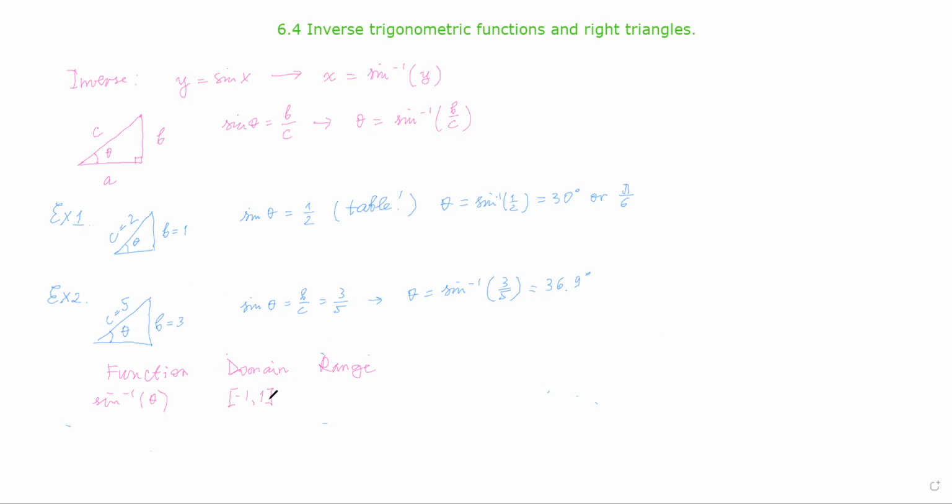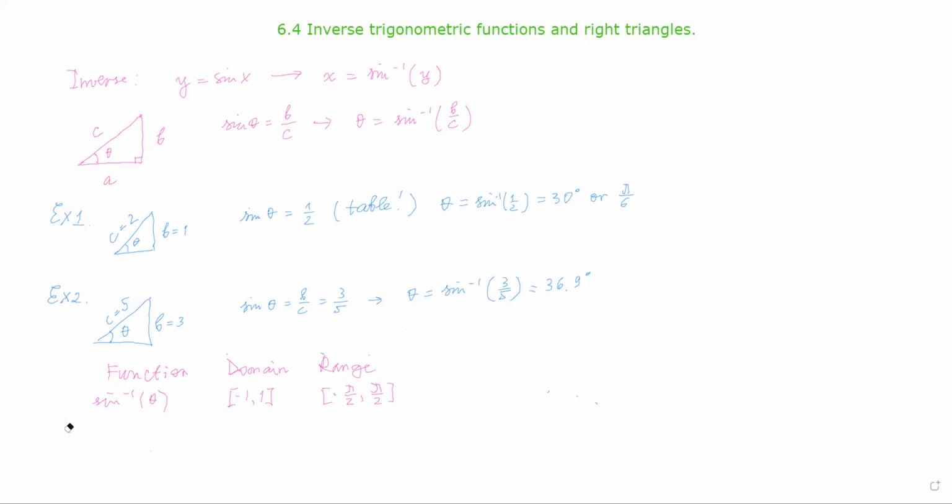Generally, sine is not 1 to 1, so it does not have an inverse. But if you cut it from negative pi over 2 to pi over 2, this part of sine is going to be 1 to 1, and that's going to have an inverse, right? So that's going to be the range. Range is like the possible values which sine inverse can return.